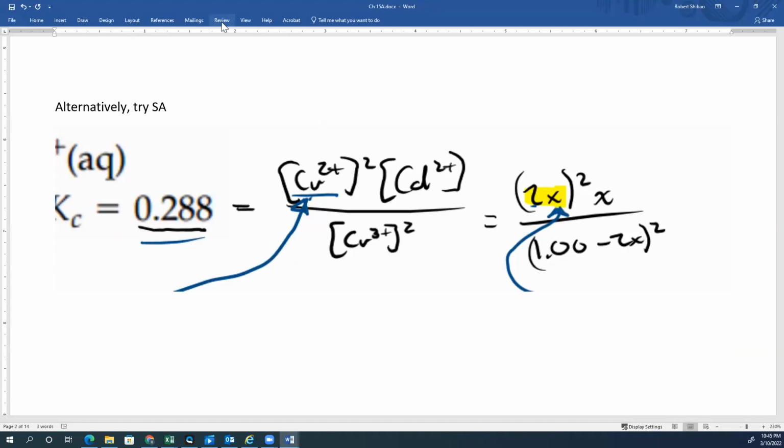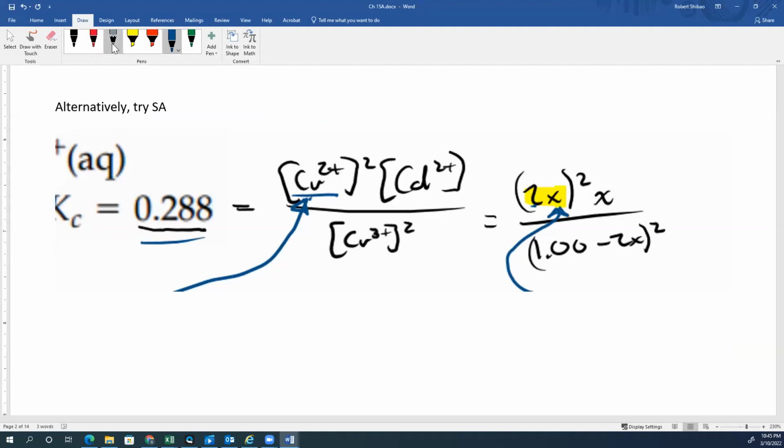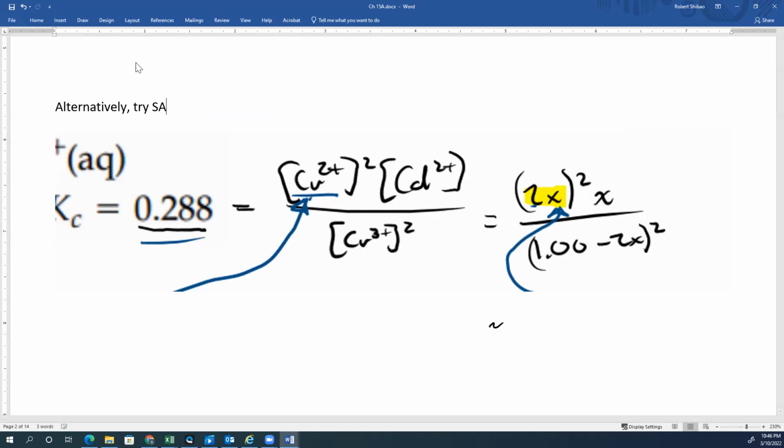So if I try the SA here, I would just say, okay, let's go ahead and say that the change is small compared to the initial. Here we can't say the change is small, there's no change, it's 0. And so we keep these. So this is going to be 4x squared times x would be 4x cubed.